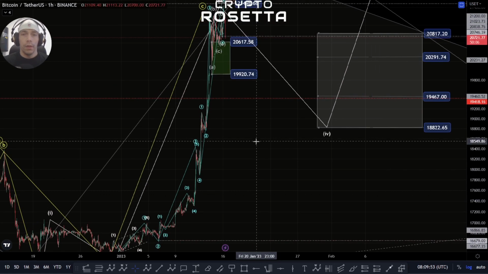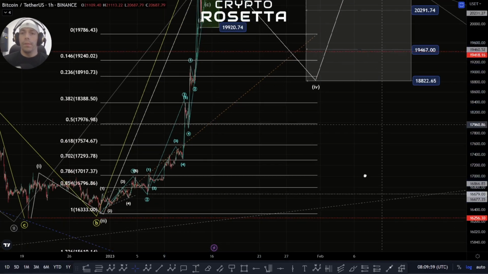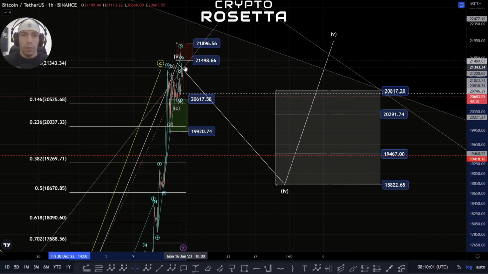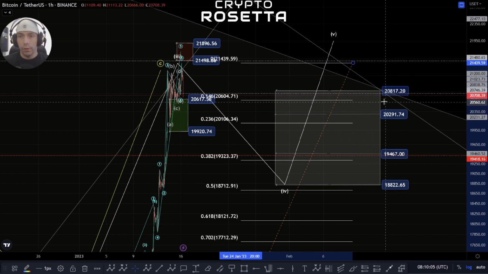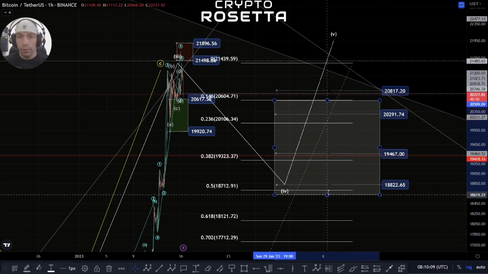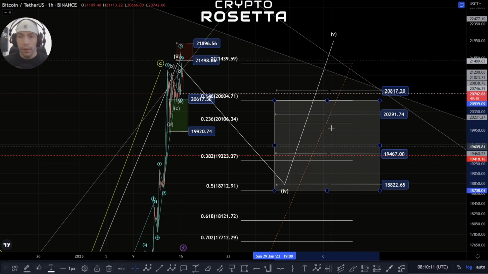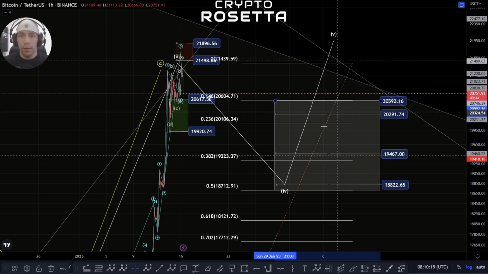And if that's the case, if I take this fib off the bottom of this move here, and we throw it onto this high point up here, this has changed our targets slightly. I'm going to move this down and readjust it. Effectively now our target zone, if we're looking for this as a completed move here, would be to come down towards this 20,000.